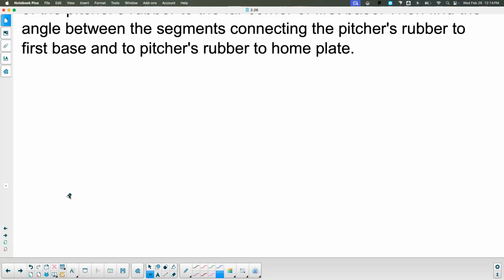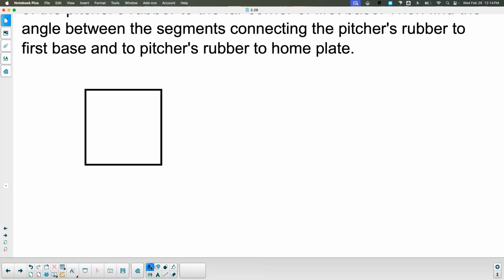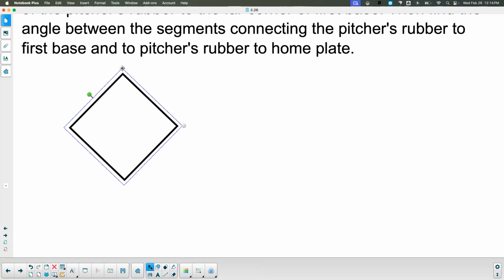So, start ourselves out with a picture. Baseball diamond. Just a square tipped on its side.